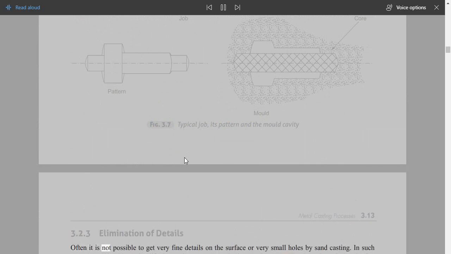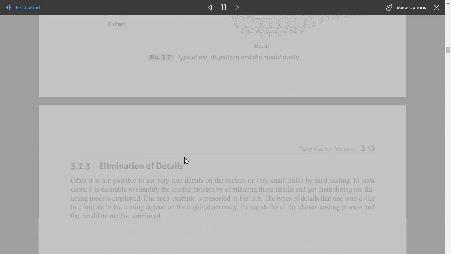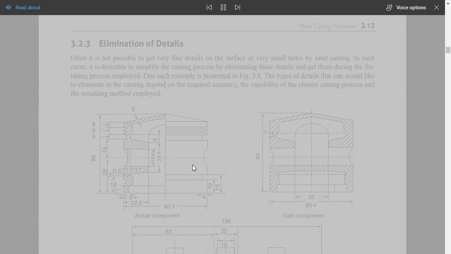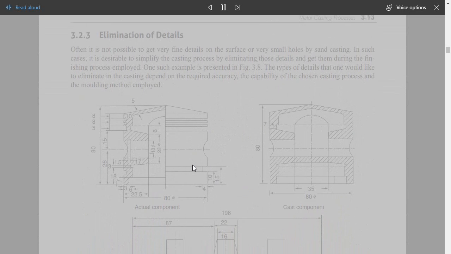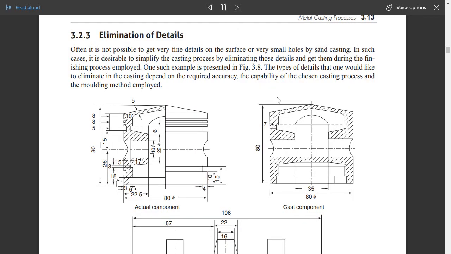3.2.3 Elimination of details. Often it is not possible to get very fine details on the surface or very small holes by sand casting.